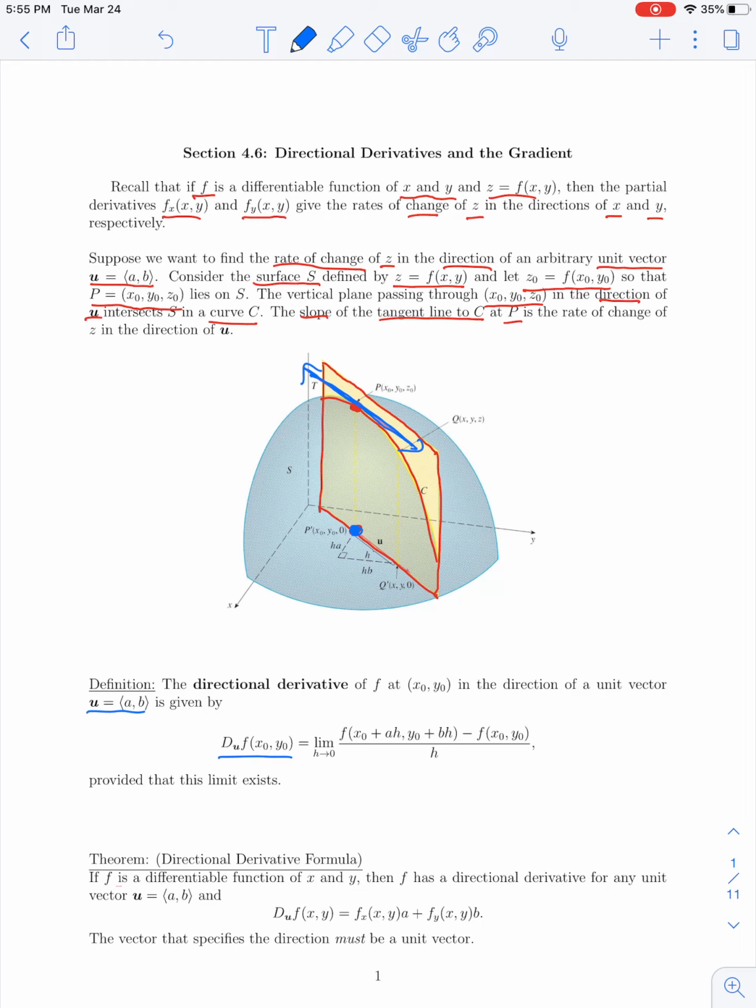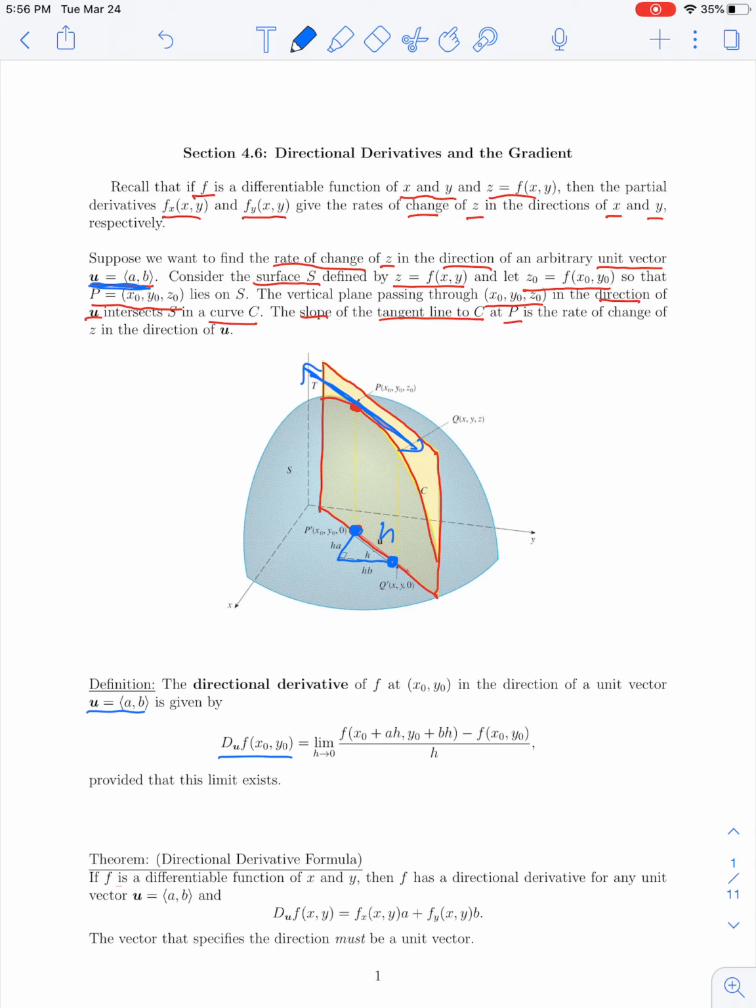So we could take 2 points in the domain of my function, let's say x naught, y naught, and then some other point which lies a distance along the vector u. So it's some scalar multiple of u. Let's say it has a magnitude of h, so that we move h times a units in the x direction, or h times b units in the y direction, since the components of our vector were a and b.